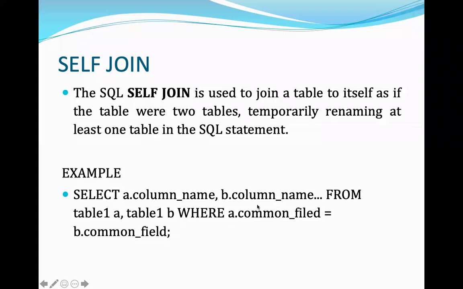So we have one condition with table 1 only. That type of syntax is called self join.